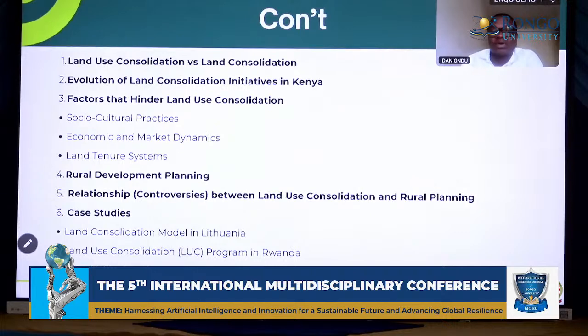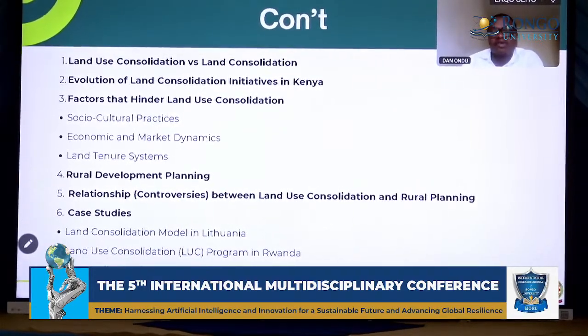The study also looked at economic and market dynamics, the issues of land prices, the issues of land use change, and also the changing economic times, and finally the land tenure systems in Kenya. The study further delved into rural development planning and the theories that are involved. How is it working in other regions, other continents, compared to Kenya and to the specific context, Tabaka Ward.